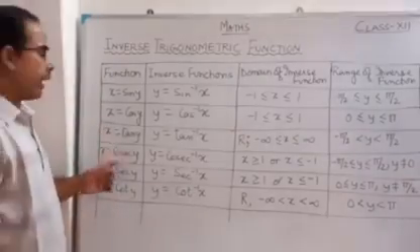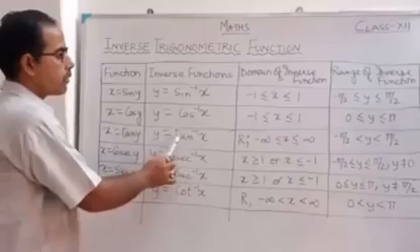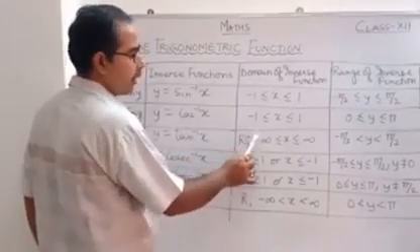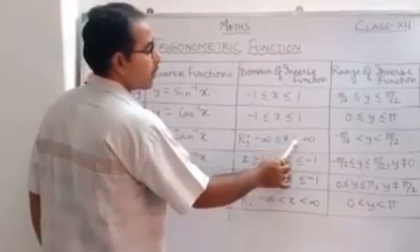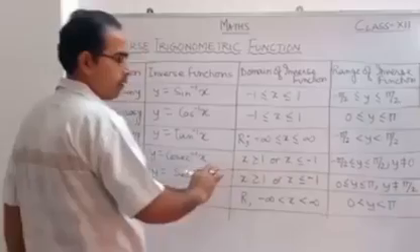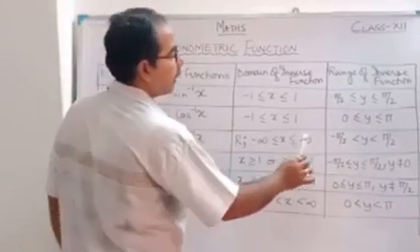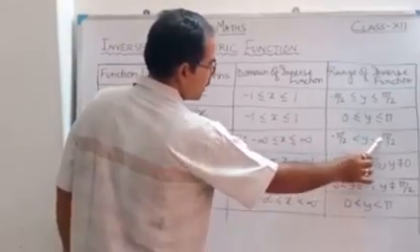Next, when x equal to tan y is the function, the inverse function will be y equal to tan inverse x. The domain of that inverse function is the real numbers, that means minus infinity less than or equal to x less than or equal to infinity. Negative infinity and positive infinity both lie within that domain. Similarly, range will be -π/2 less than y less than π/2.